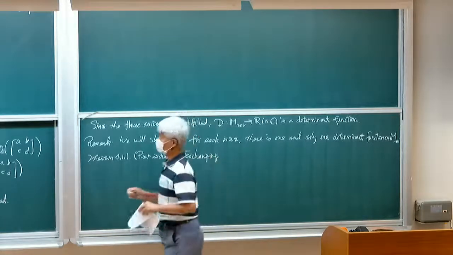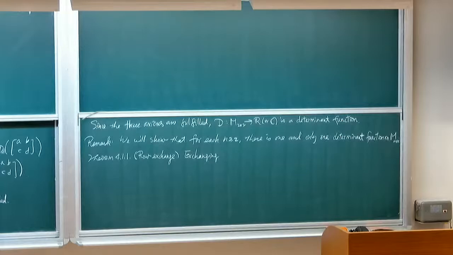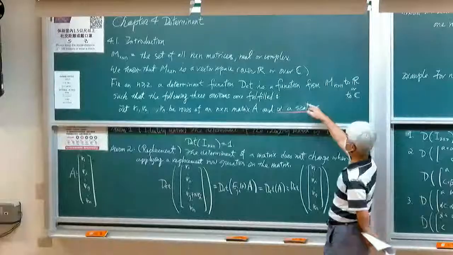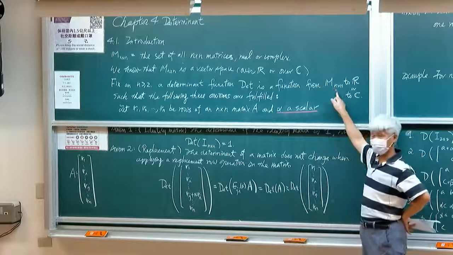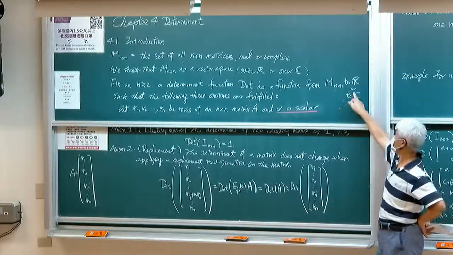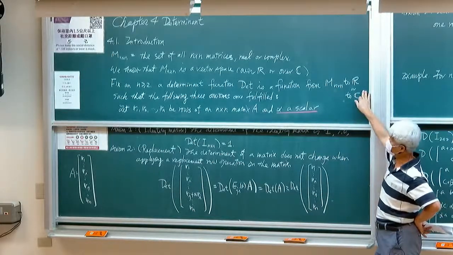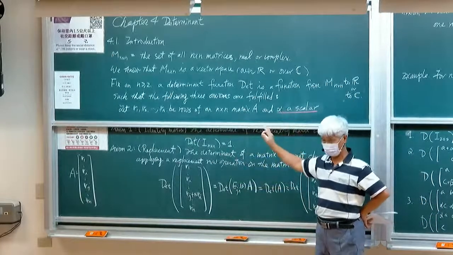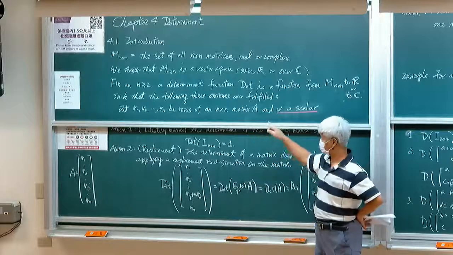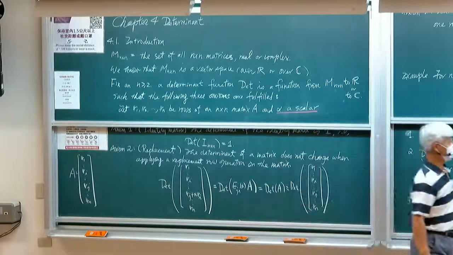So suppose that we have a determinant function, meaning a function from the vector space of all n times n matrices to the set of all scalars satisfying these three axioms. Suppose that we do have such a function satisfying these three axioms.